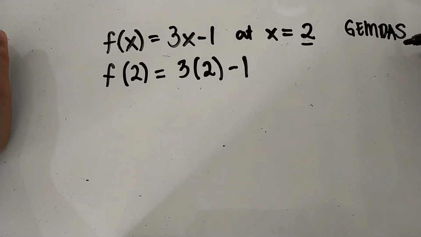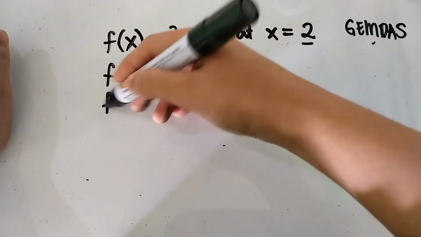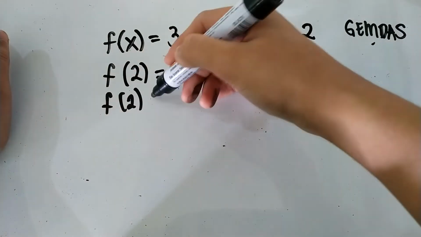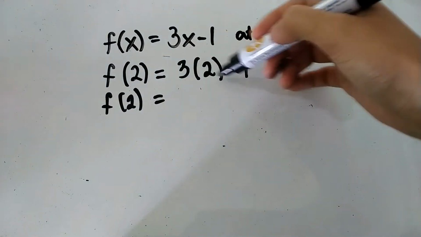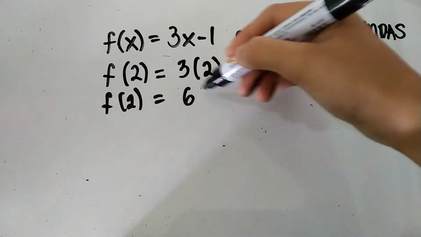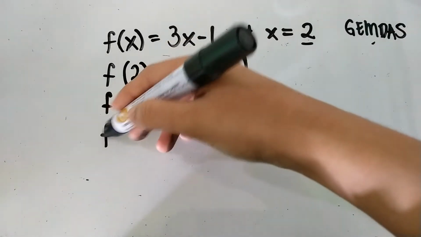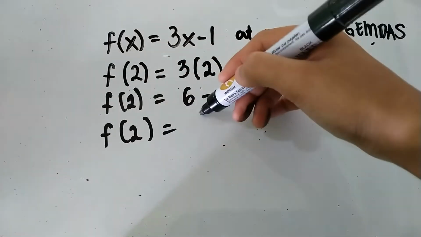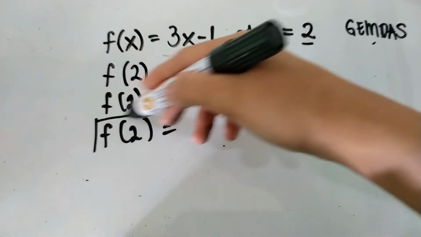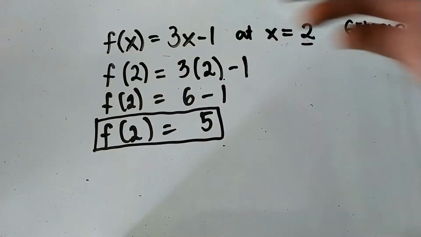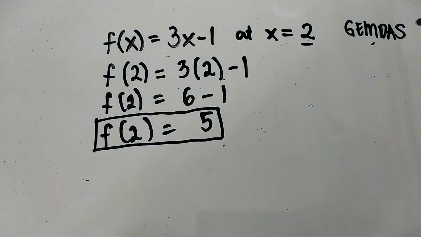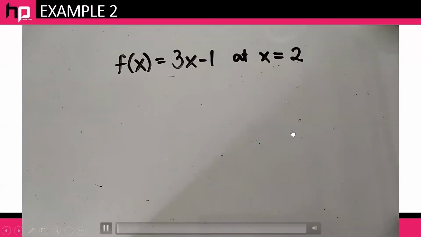So, since walang grouping, wala ding exponent, we'll proceed with multiplication. Let's copy f of 2, remains the same yan. Then 3 times 2 is 6 minus 1. F of 2 is equal to 5. So this is the value of f of 2. It's 5. If x is at the value of 2, our f of x is equal to 5. Okay, so naintindihan ba yun?